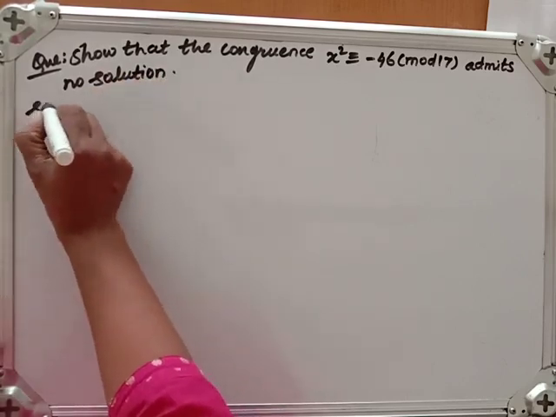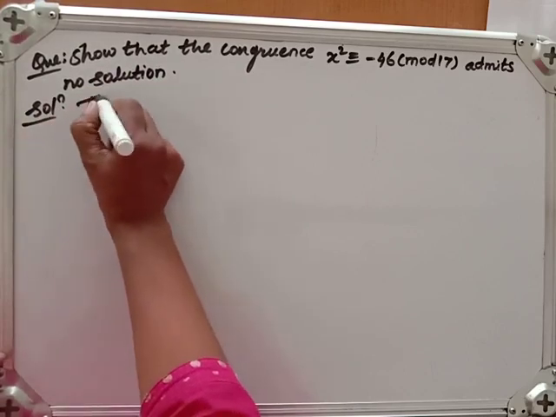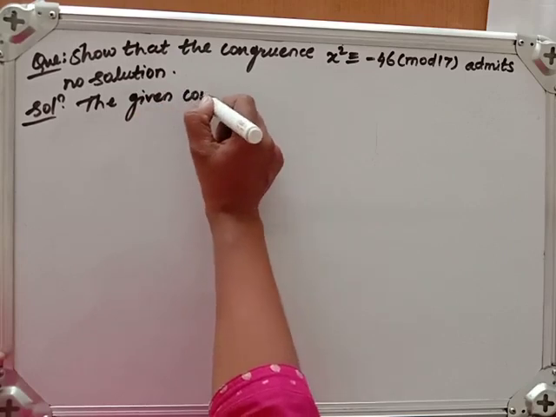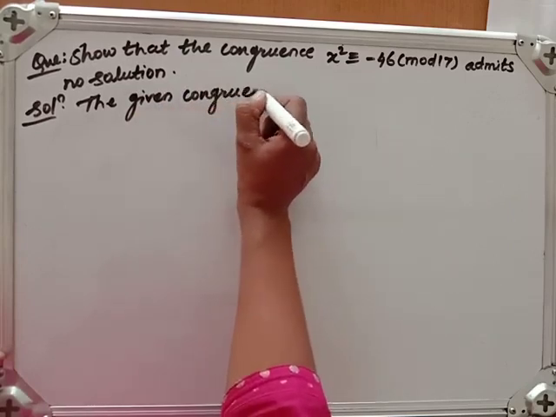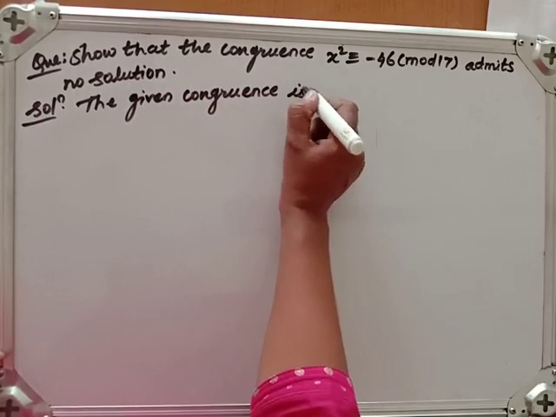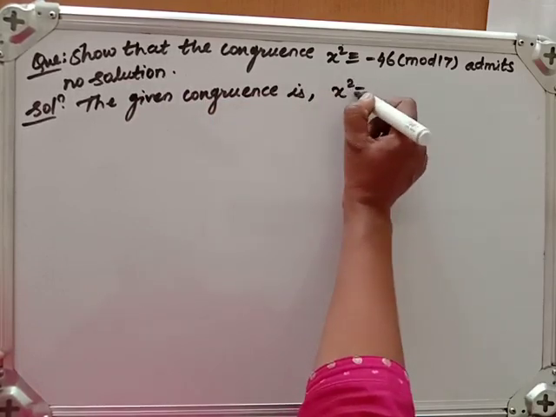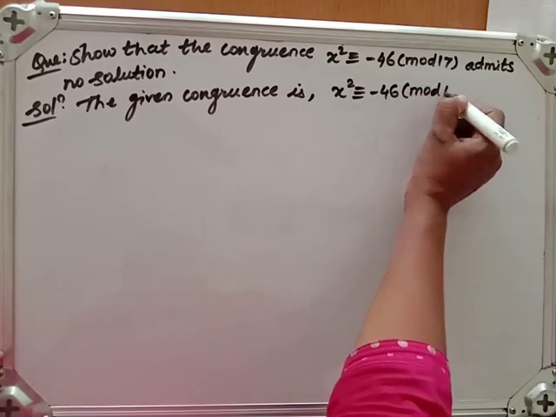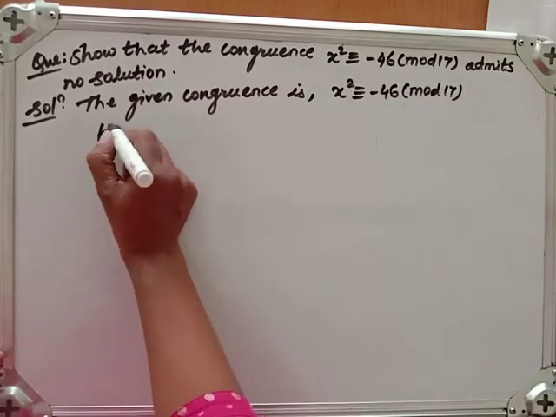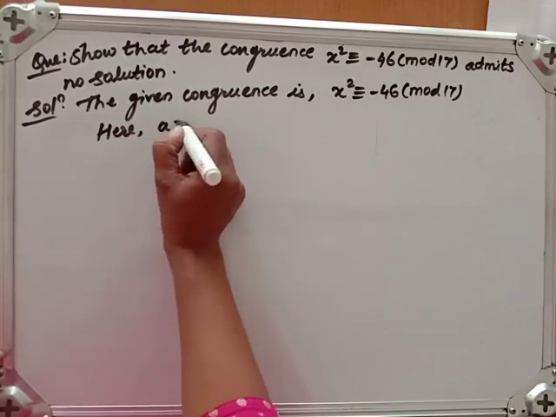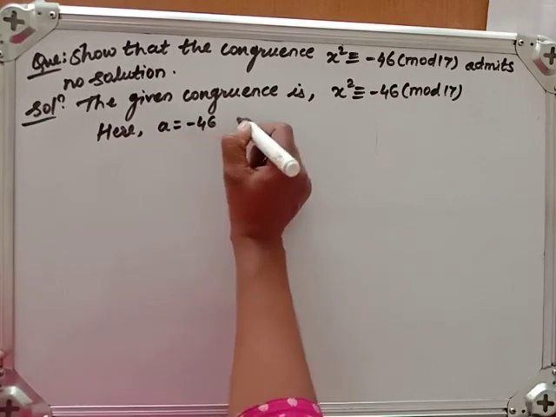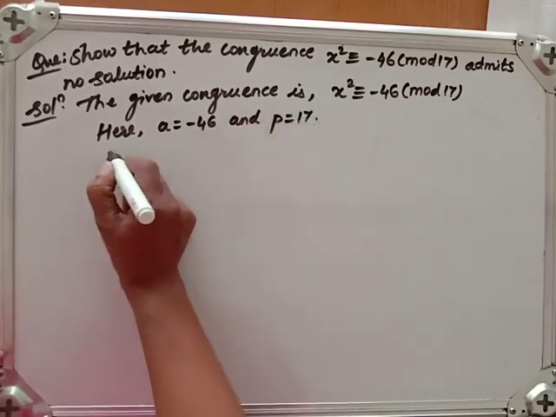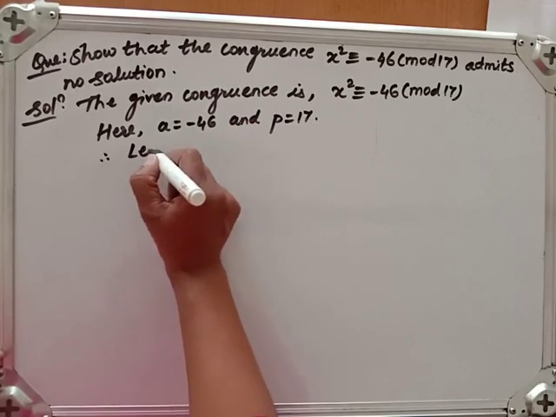So, solution for this: the given congruence is x square congruent to minus 46 modulo 17. So here a is equal to minus 46 and p is equal to what? 17.